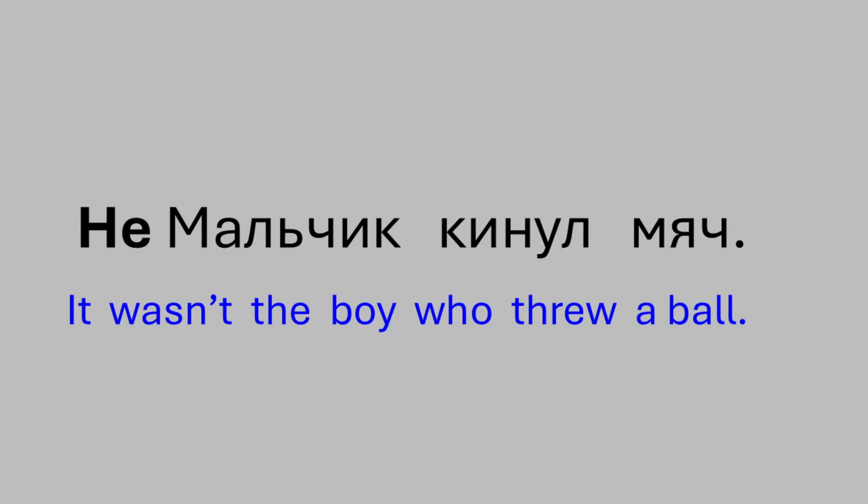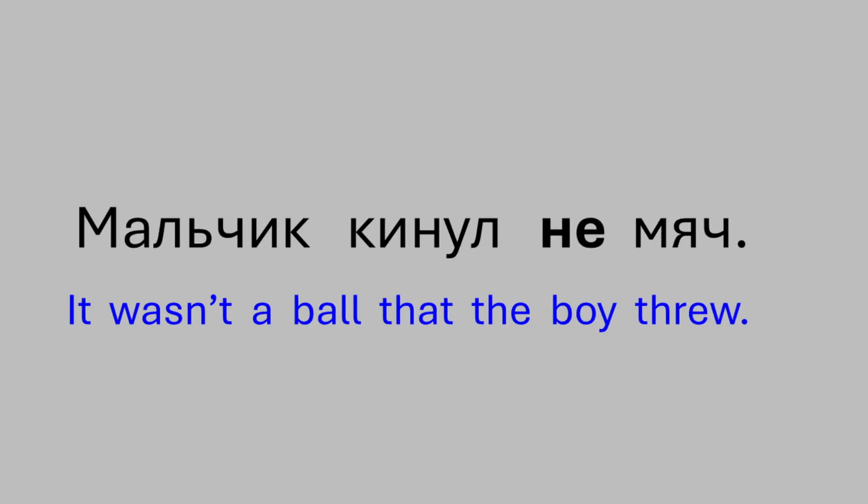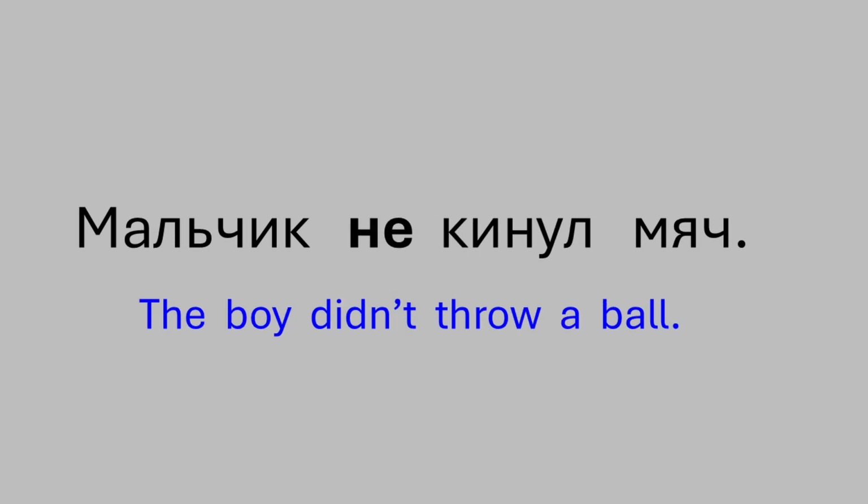So within our example sentence, if I say не мальчик кинул мяч, where the negation is before the word boy, we're saying it wasn't the boy who threw a ball. If we place the negation in front of the direct object, мальчик кинул не мяч, that tells us it wasn't a ball that the boy threw. And if we say мальчик не кинул мяч, that translates into the boy did not throw the ball.